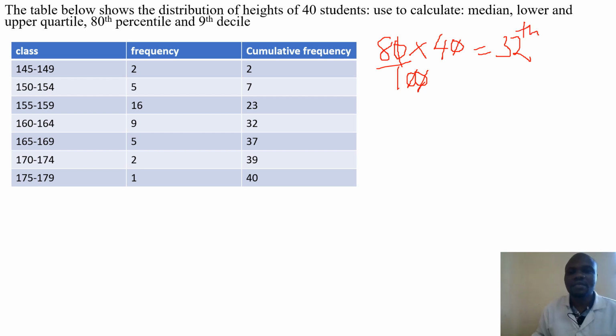And you can see that the 32nd position lies between what and what? That position lies in between this class here.